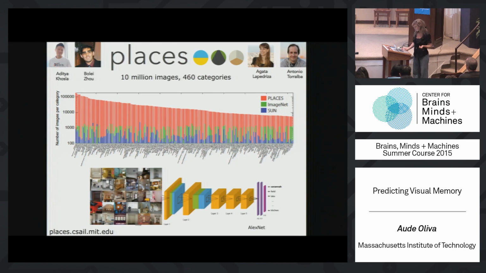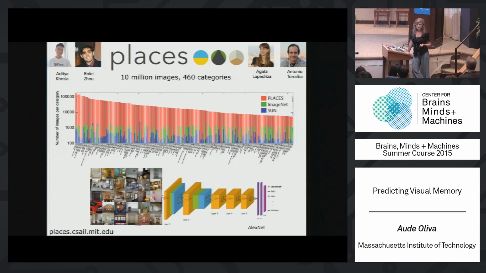Messy bedroom. And a couple of years later, 80 million images later, and a lot of Amazon Mechanical Turk experiments, we are launching this week the Places 2 dataset with 460 different categories of environment, and 10 million labeled images.